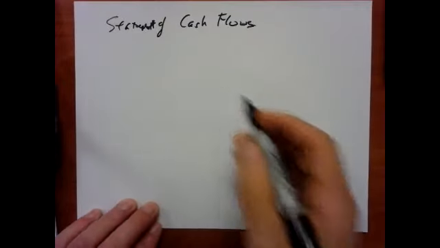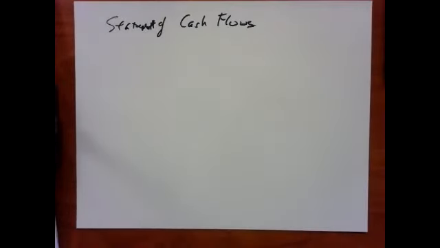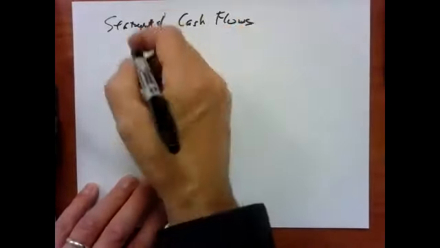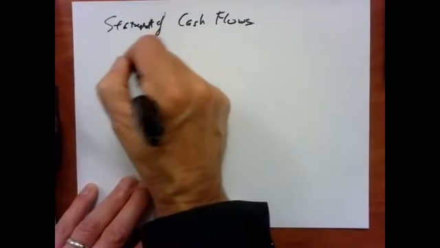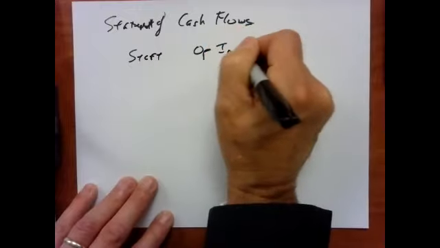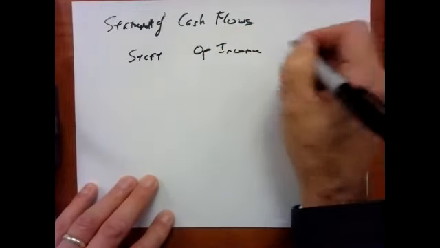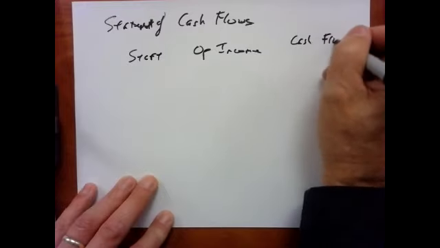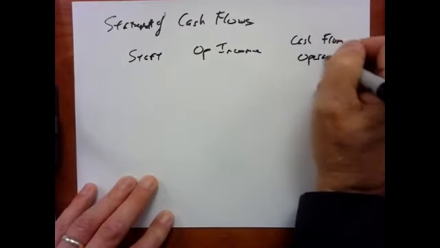There are a couple of ways to start. The way our book starts, it starts with operating income. So the first section is cash from operations.